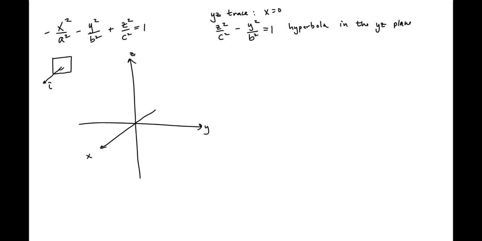If you remember how to sketch hyperbolas from our second semester calculus class, what you would do with this information is you would create a rectangular box. The rectangular box would have a z coordinate at c and minus c, and a y coordinate of b and minus b. You would then create diagonal lines going through opposite corners of this rectangular box.